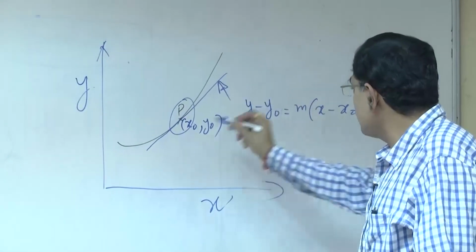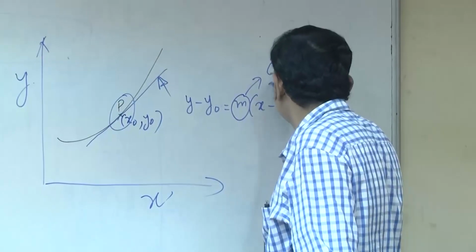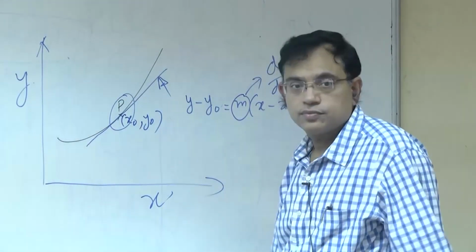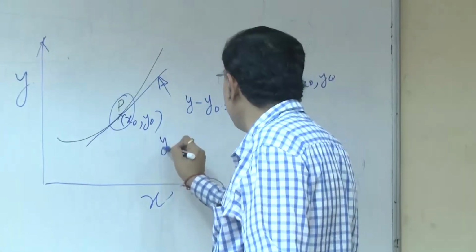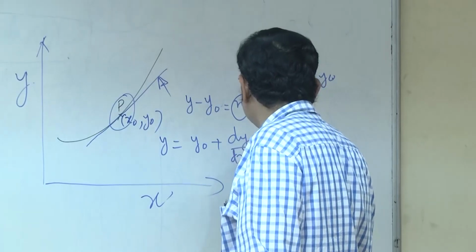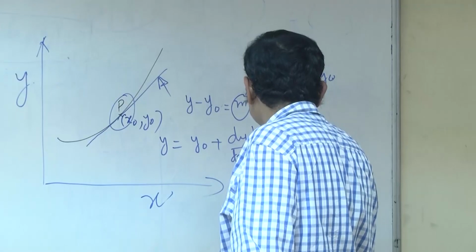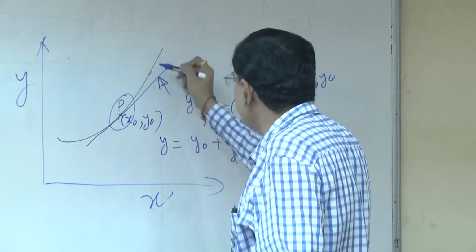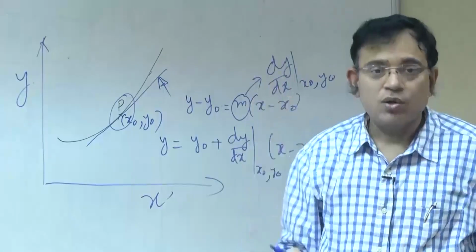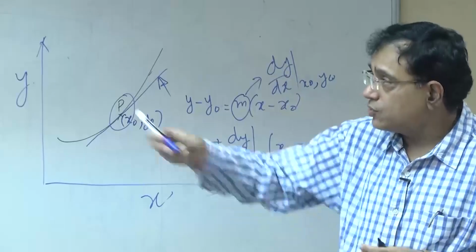This m is the slope, which is dy dx at x naught comma y naught. So, you can write y equal to y naught plus dy dx at x naught comma y naught into x minus x naught. This is a linearized version; whether it is correct or wrong in the physical sense is something else, but maths-wise this is the best that we can do. So, that is what I have written.